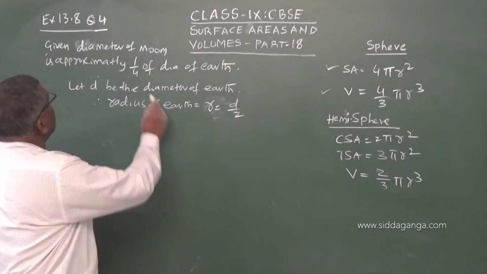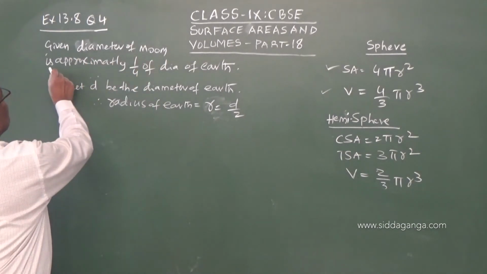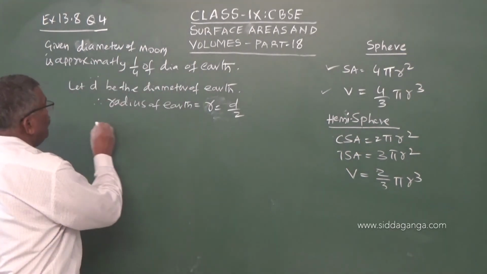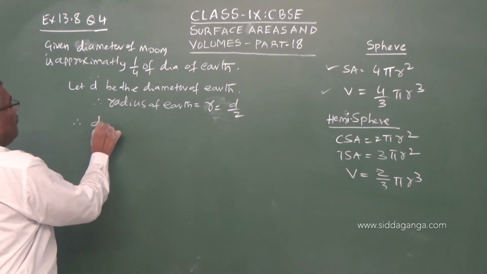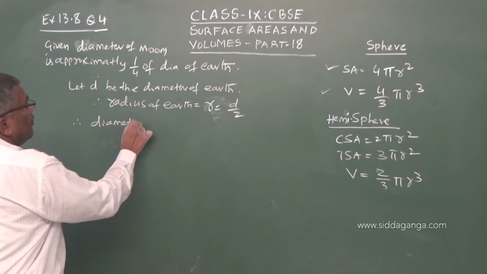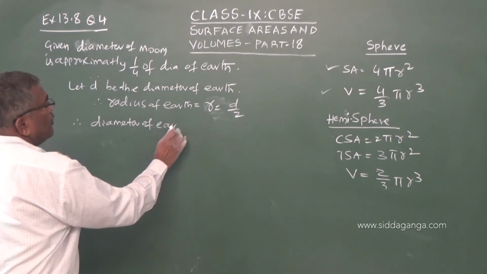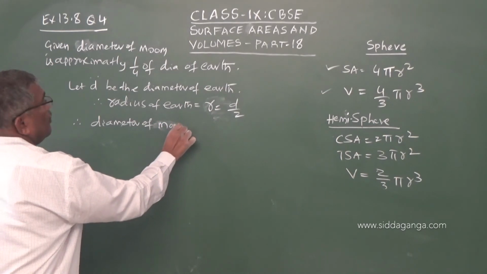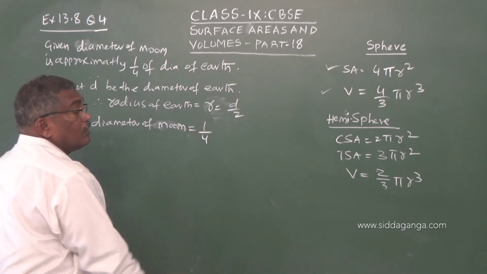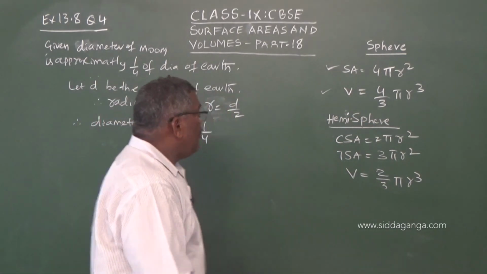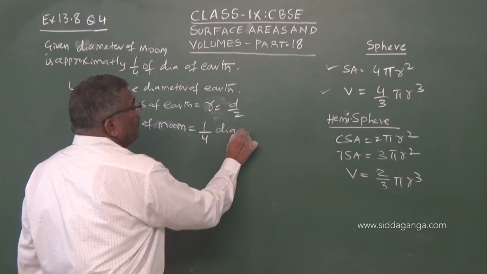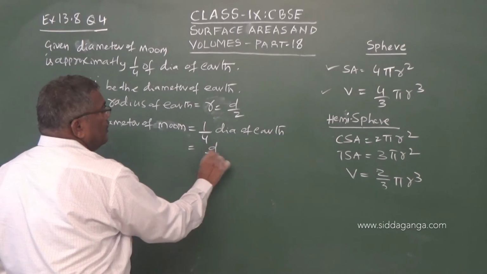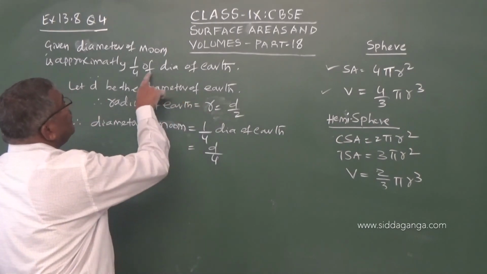Now the statement says diameter of moon is approximately 1/4 of the diameter of earth. So therefore diameter of moon is 1/4 of the diameter of earth, that is D by 4, because D is the diameter.